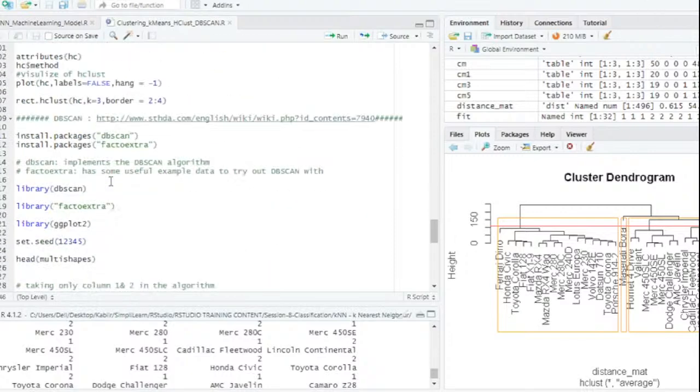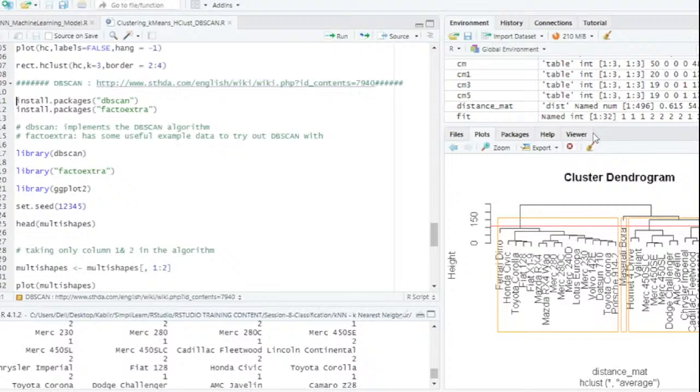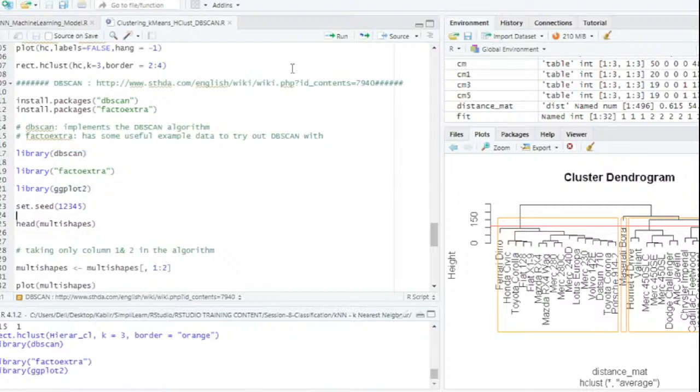But for now we are going to start by installing these packages, dbscan, and the next two. Call the package ggplot2 also, because we will need this to plot. Activate these three packages and set the seed.